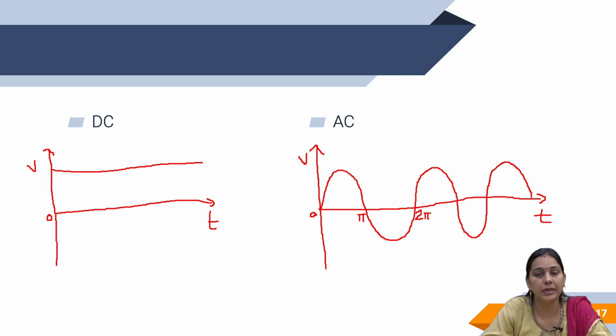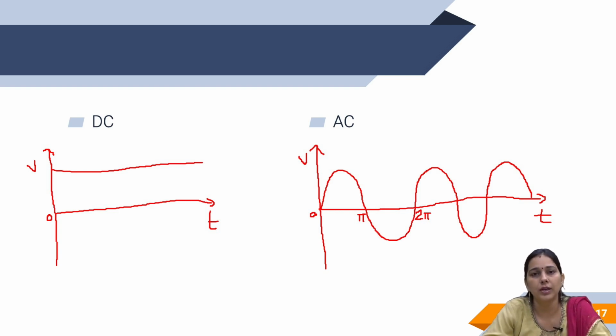So we can see that at every instant of time the magnitude is changing, and after a half cycle period the polarity changes. So in one cycle of alternating voltage or current, we have both polarities, positive as well as negative.